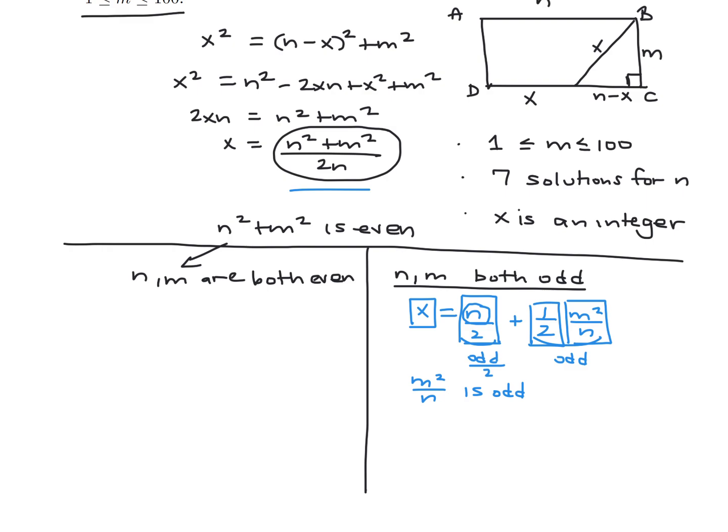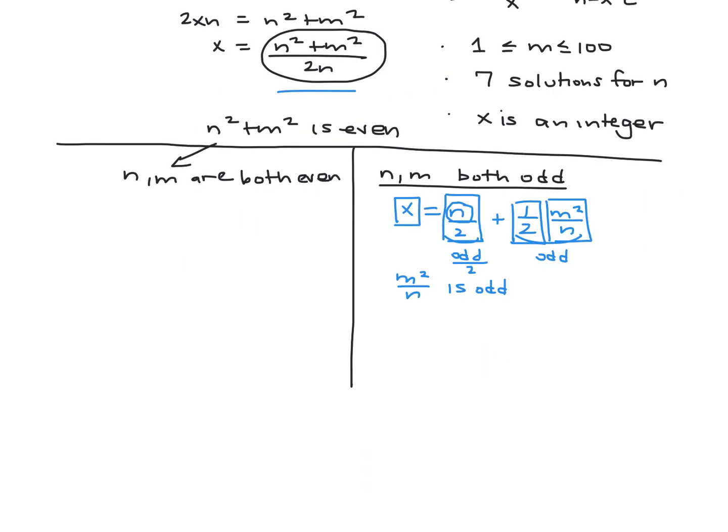So let me give an example. Let's just say m is 45 and n is 5. And then x would be n divided by 2 plus 1/2 times 45 squared divided by 5. So this is 2.5 plus 45 squared divided by 5, I believe is 405, divided by 2, and then add 2.5.